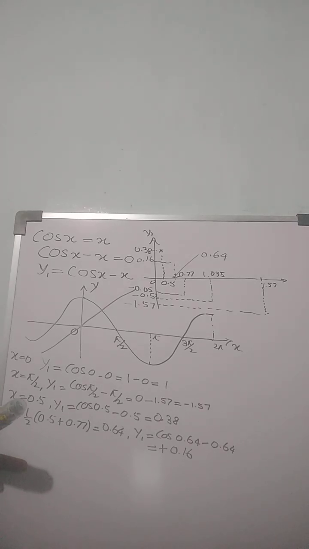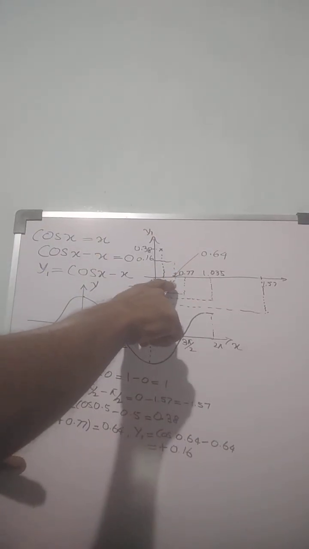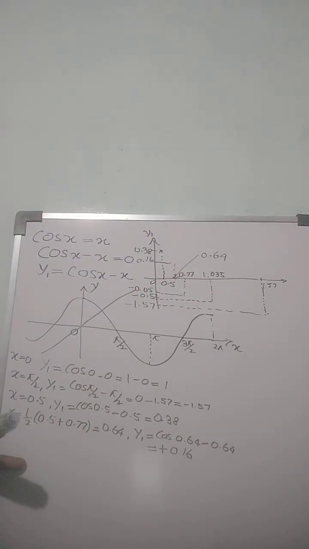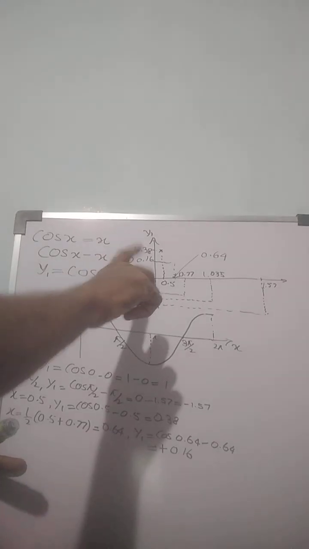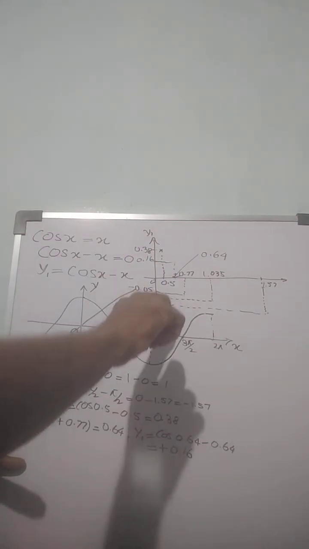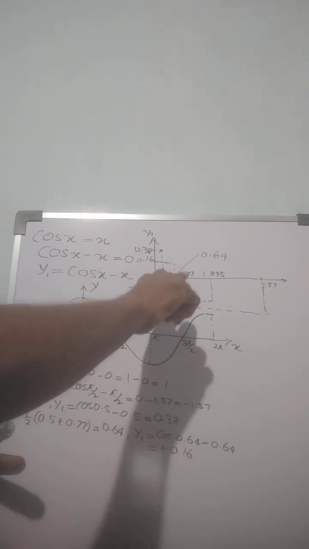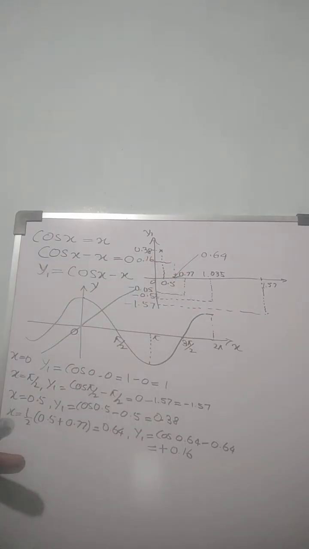Now we are going to find the value. We can imagine the x value is in between 0.64 and 0.77. Why? At 0.64 it is a positive value, and at 0.77 it is a negative value, minus 0.05.